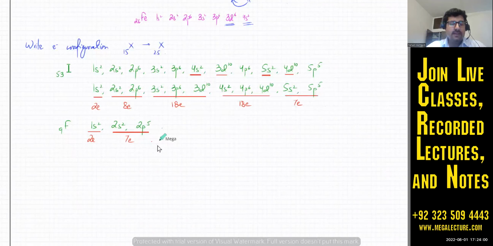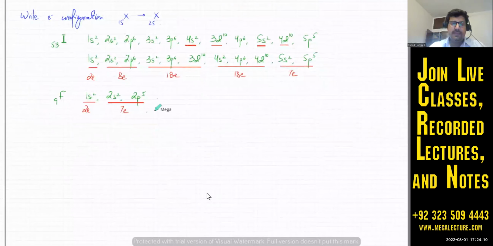So let's move on to how you write electronic configurations without going into that much detail. Remember, in O levels too, if you know that something is in group 1, you know that its outermost shell has 1 electron. If it's in group 2, you know its outermost valence shell has 2 electrons.